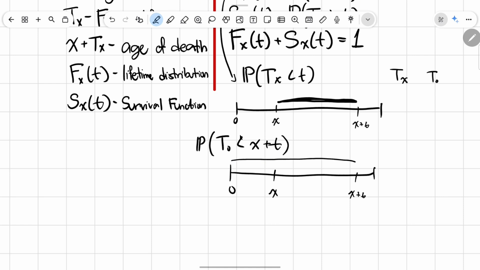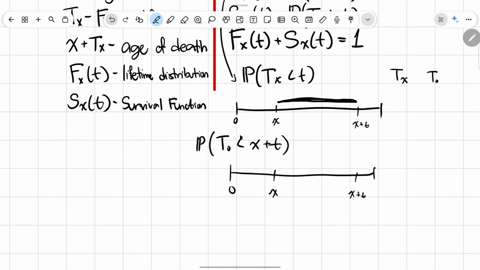So the person's age of death must be between here. Notice, compared to the earlier timetable, we have a region between 0 and x. So to remove it, we will create a condition to remove that region.